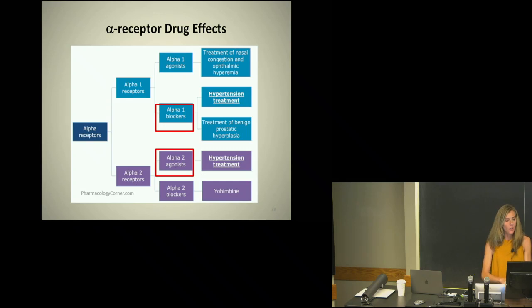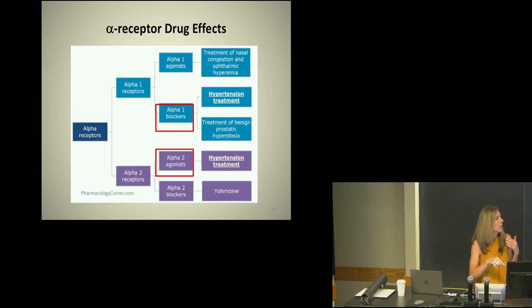Okay. So a little reminder here on the alpha receptors. You guys might remember all this. We have two different alpha receptors, the alpha 1 and the alpha 2 receptor. These are peripheral, these are central. And then whether we want to develop drugs for them, the alpha 1 agonists are what we use for the treatment of nasal congestion, because these receptors are in different places.